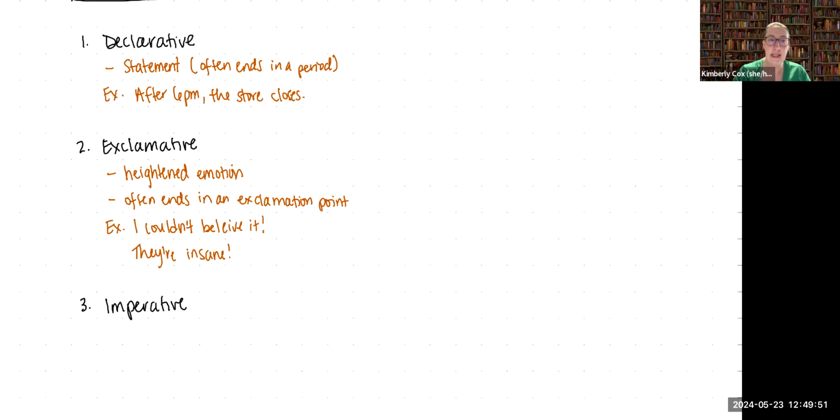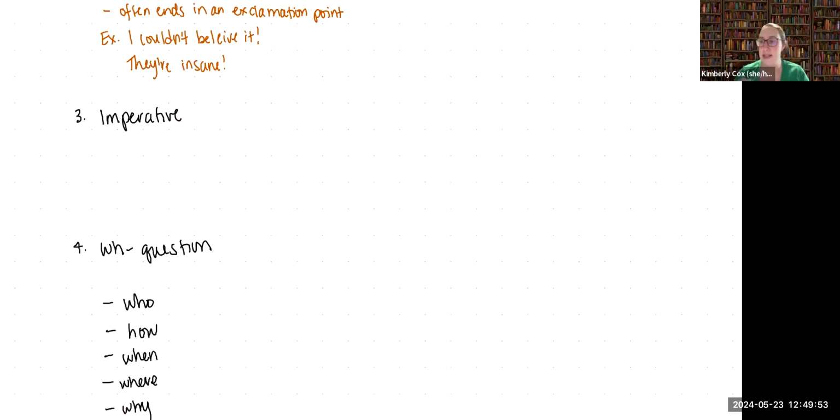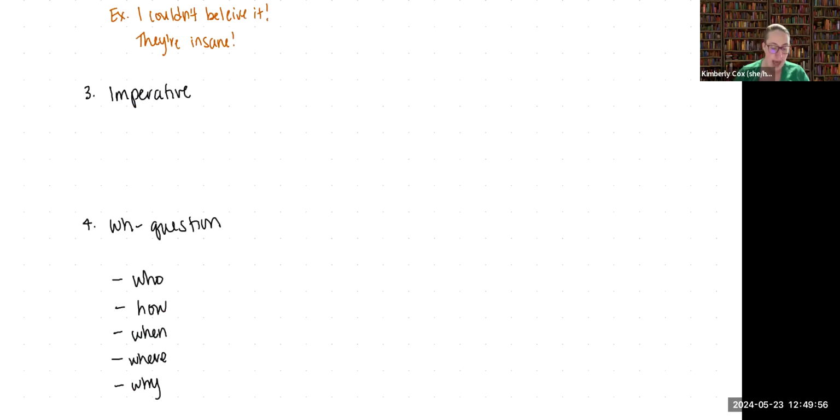The next common sentence type that we have is an imperative sentence. I'm sure you have heard these before. Imperatives are usually commands, and there is usually an implied subject rather than a subject stated outright.